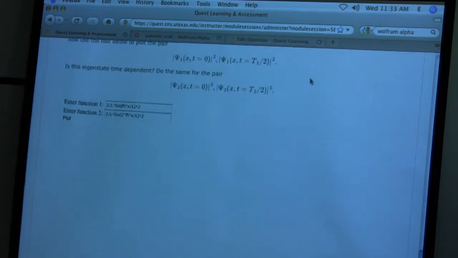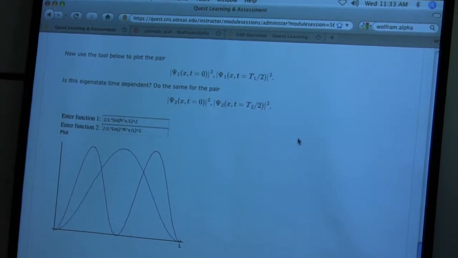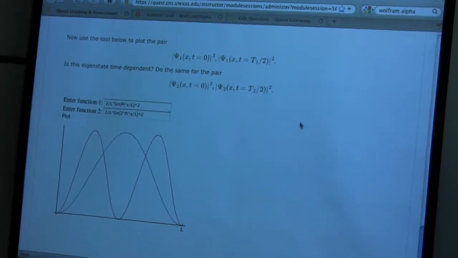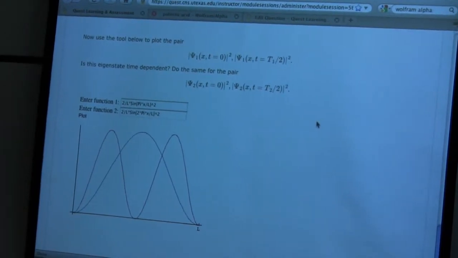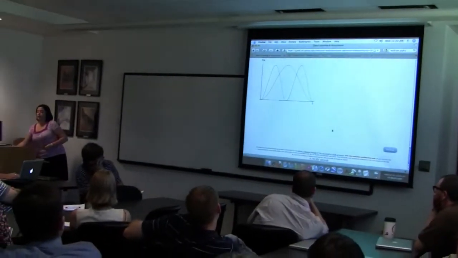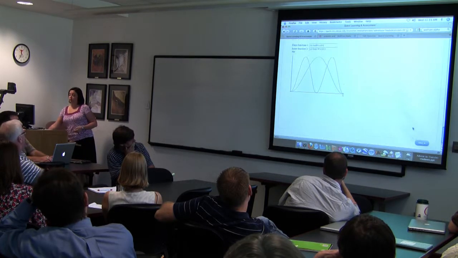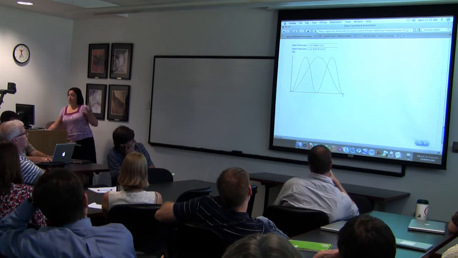But at the very bottom, we can ask them to plot these functions that they found above. And the punchline here is that these things are not time dependent, so that they can see, oh, I'm plotting these, they look the same whether I'm at half of my period or at t equals 0.